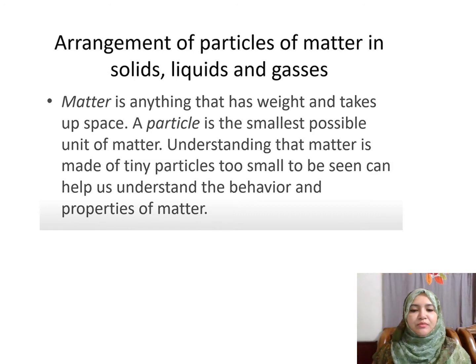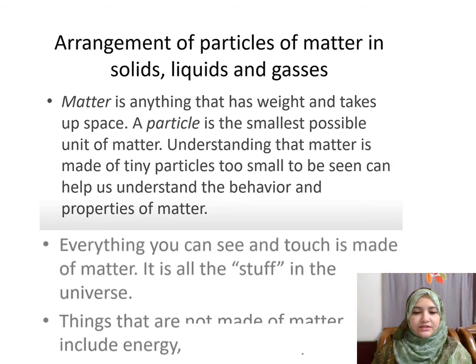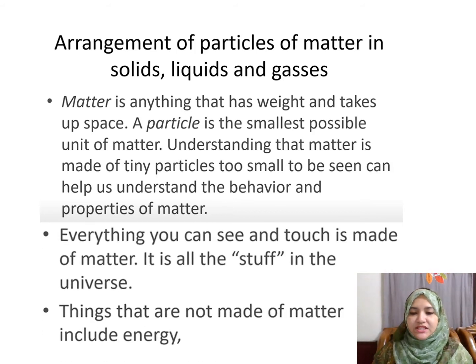Understanding that matter is made of tiny particles too small to be seen can help us understand the behavior and properties of matter. Everything you can see and touch is made of matter. It is all the stuff in the universe.